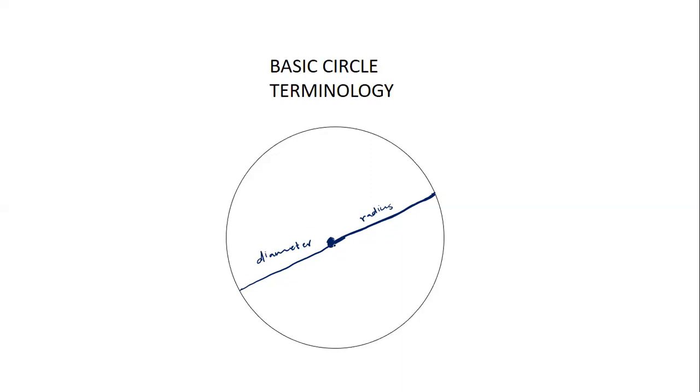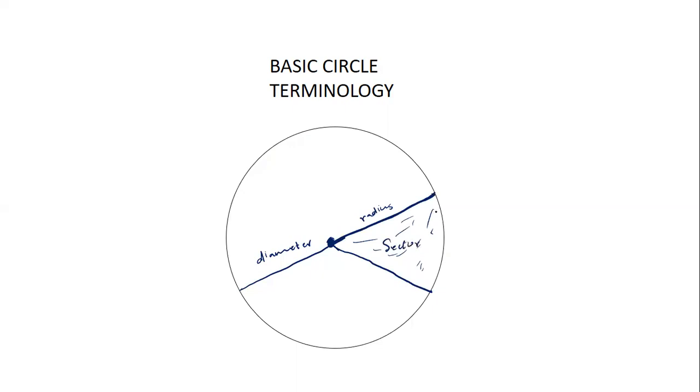Now, say we have a radius and a radius, meaning we have two radii, okay? Within these two radii, within this pizza-shaped portion, we're gonna call this portion a sector, okay?